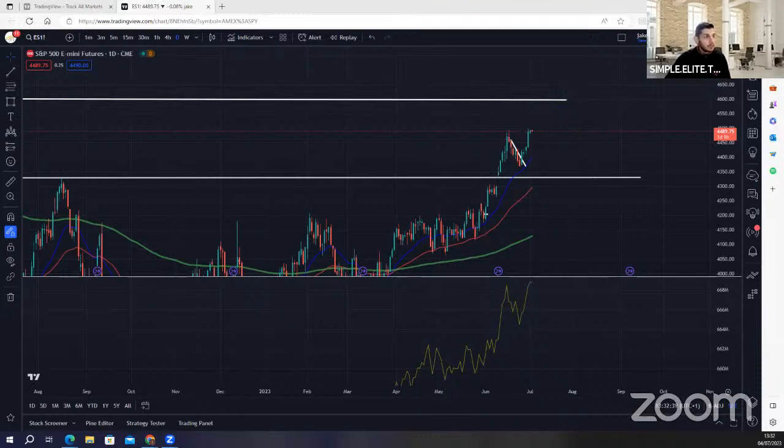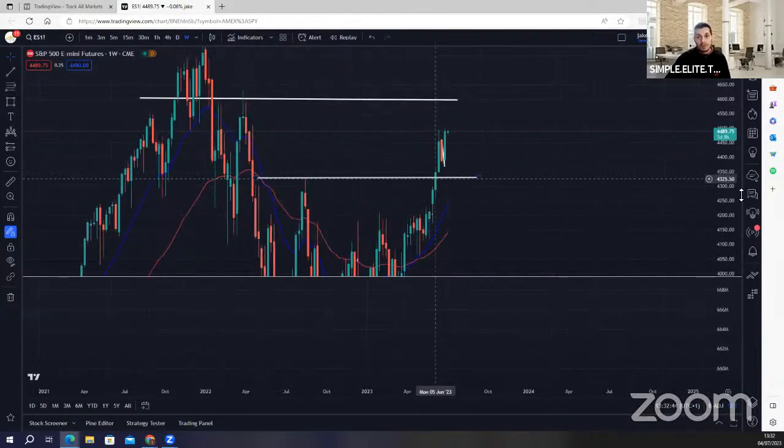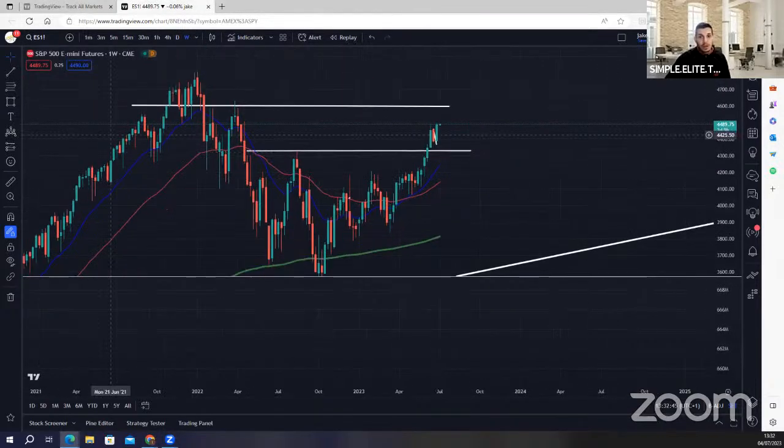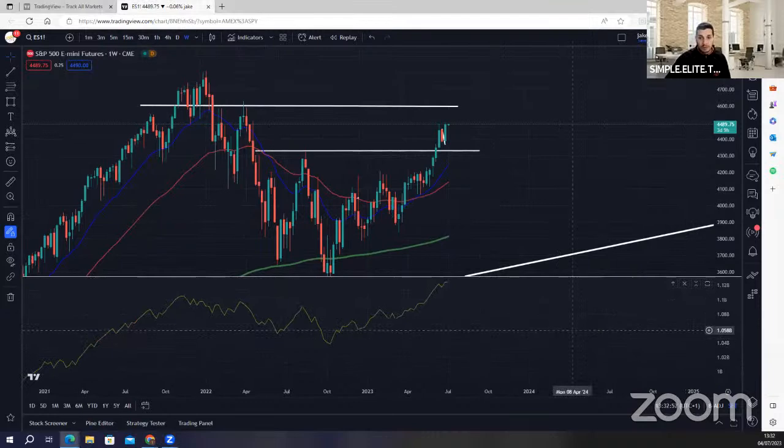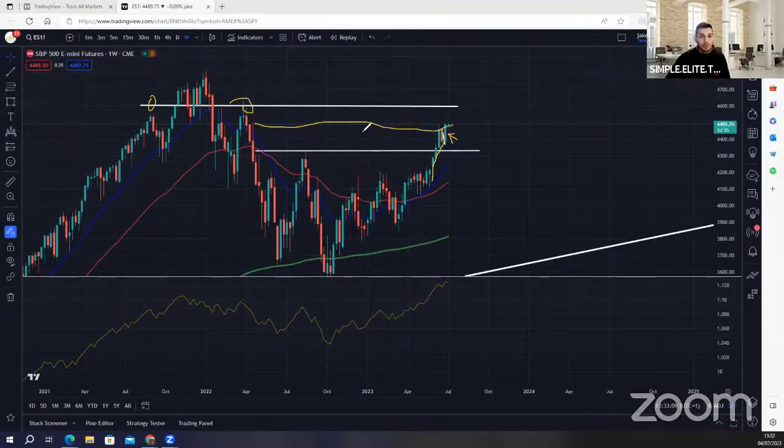Because if we see the weekly time frame, let me put the headline. We have this move here, and last week we had this bullish engulfing bar. So we could head at this previous resistance because this is just a soft level.